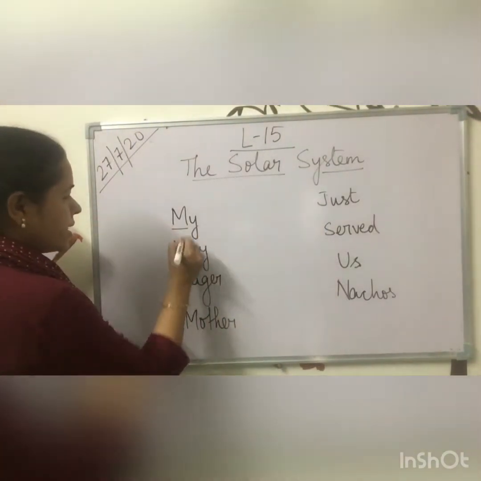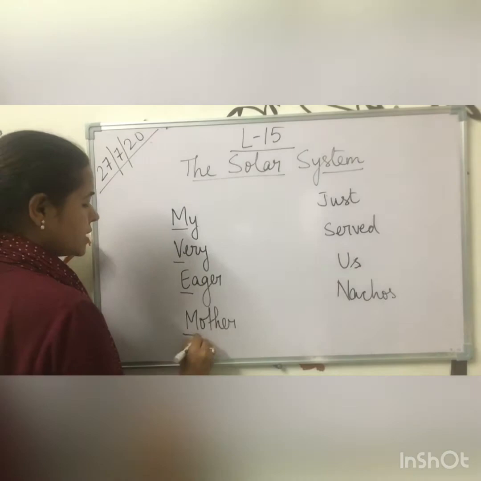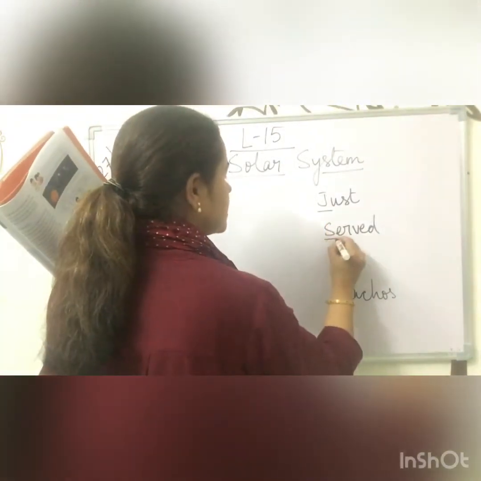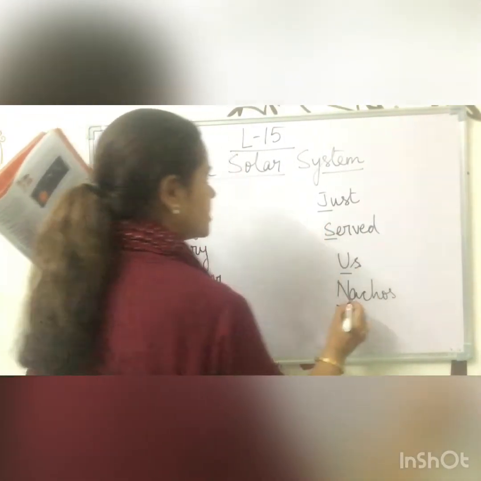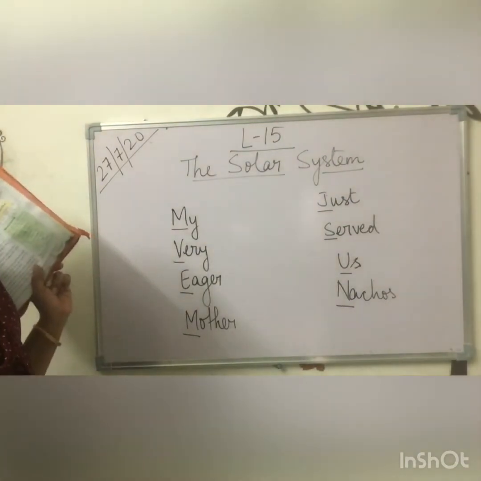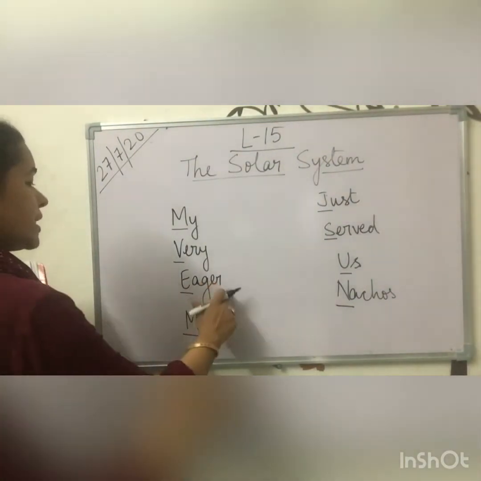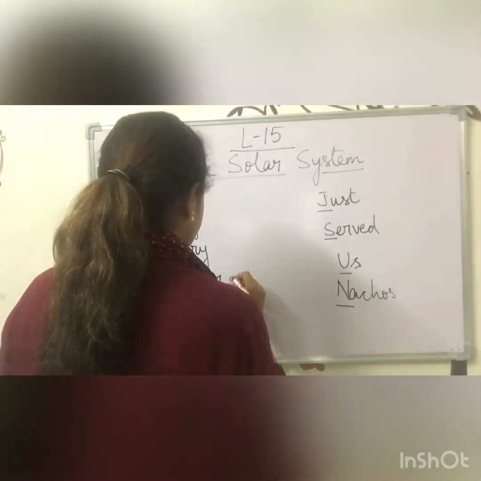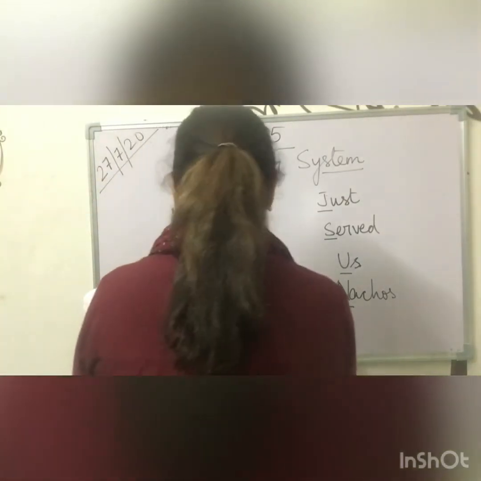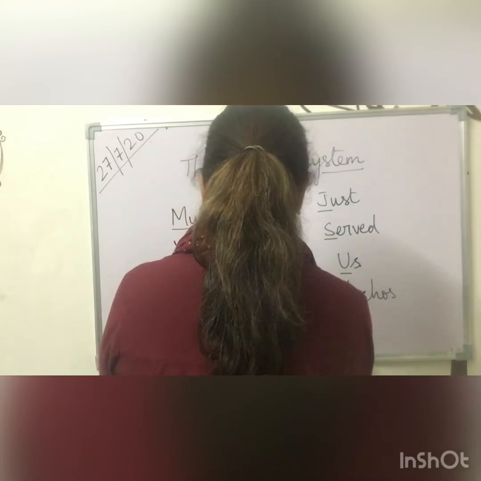We will only take the first alphabet or letter of these words and now try to form it. You can write eager also or you can write enthusiastic also. Whichever is easy for you, you write that.